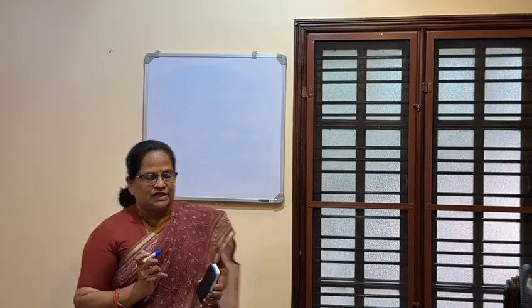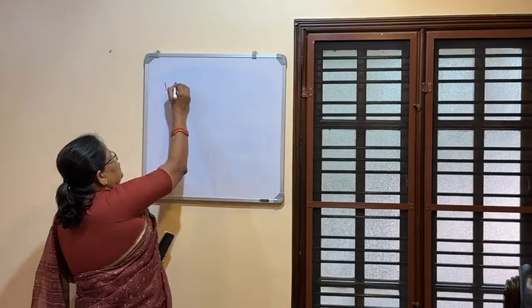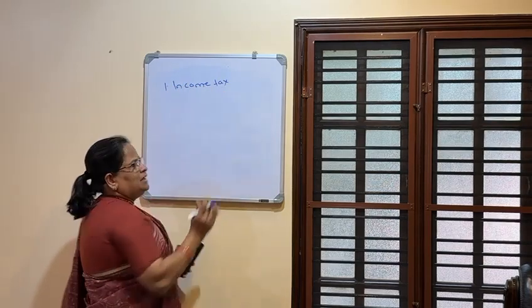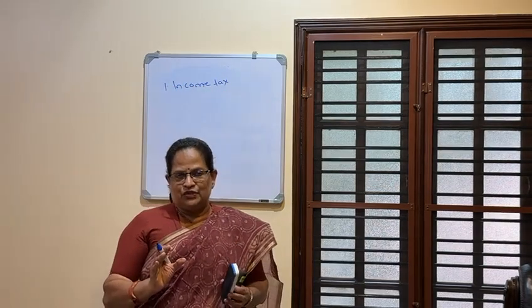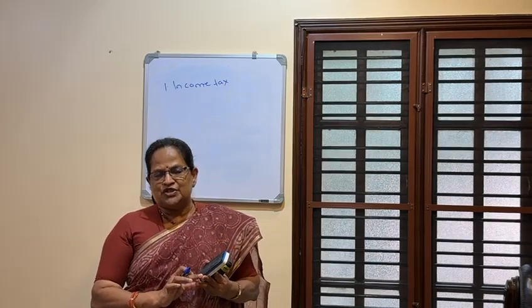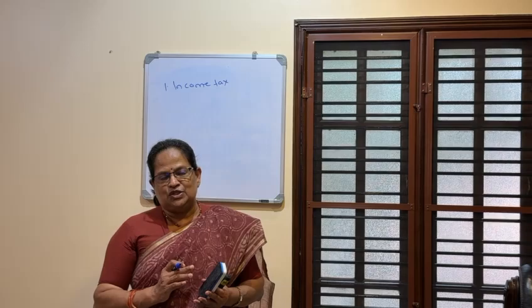First topic: what are the reasons for distinction between capital and revenue for income tax purposes? First is the fundamental principles of income tax. I told you there are 5 heads of income: salary, house property, business or profession, capital gain and income from other sources.